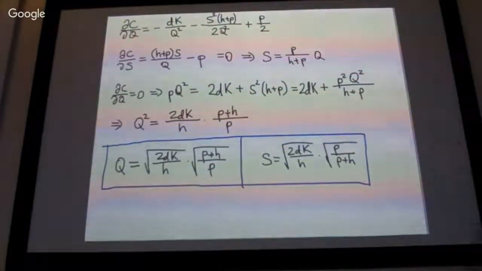Okay, so this is the theorem really. What does it do? Unless someone has a few more questions.